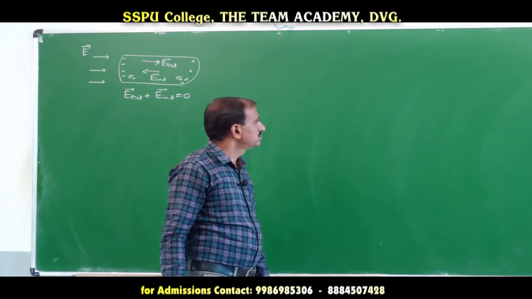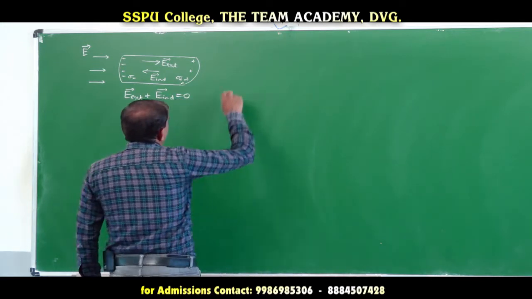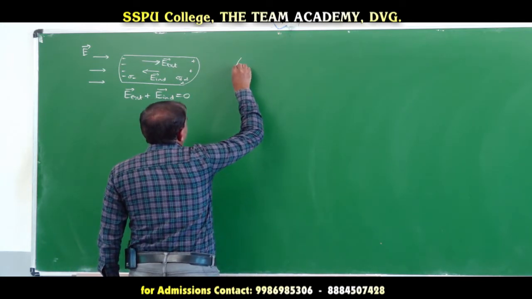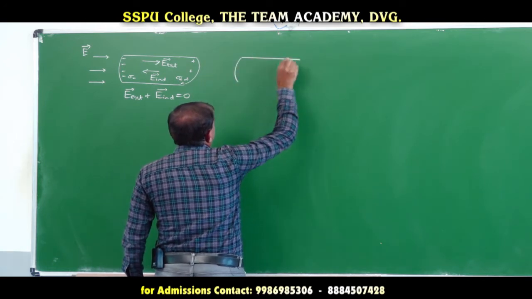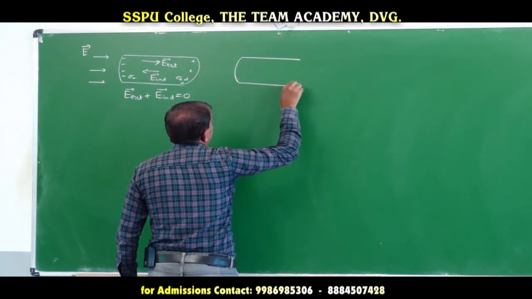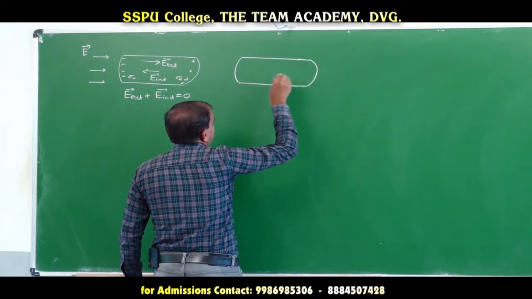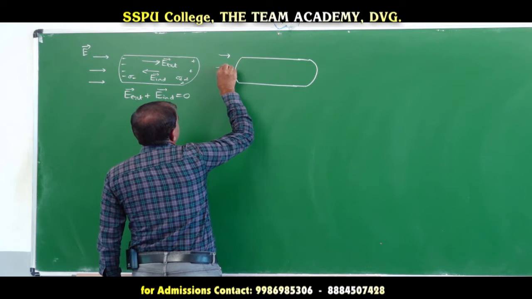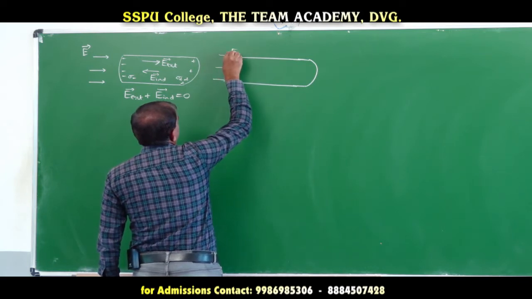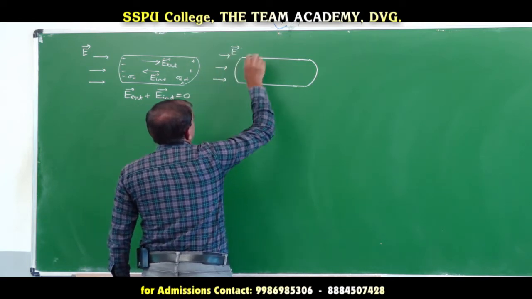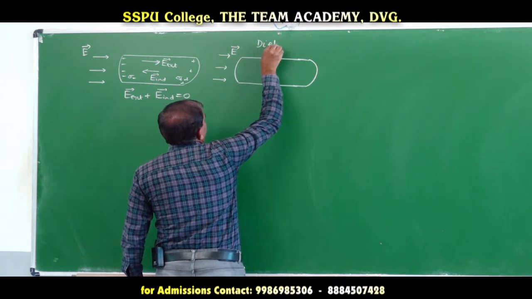Now consider a dielectric. This is a dielectric material placed in an external electric field. This is the direction of electric field E. This is the dielectric, and these are conductors.